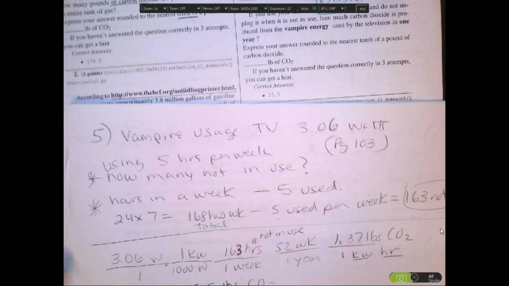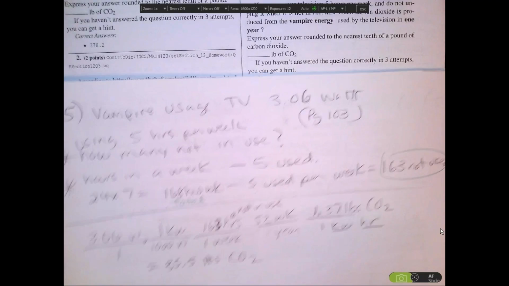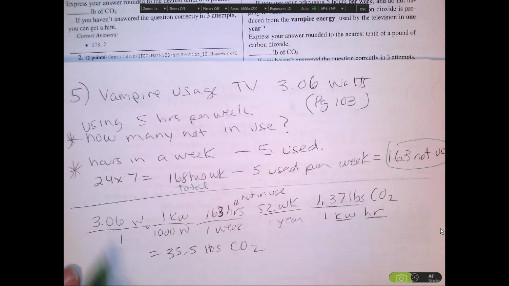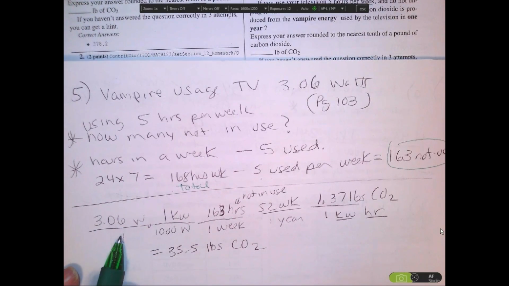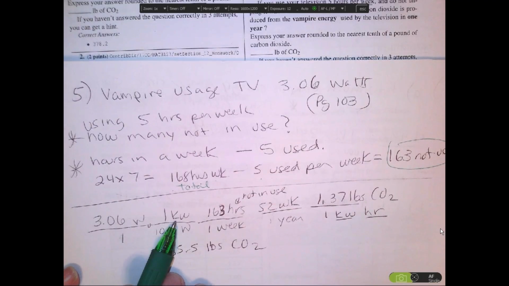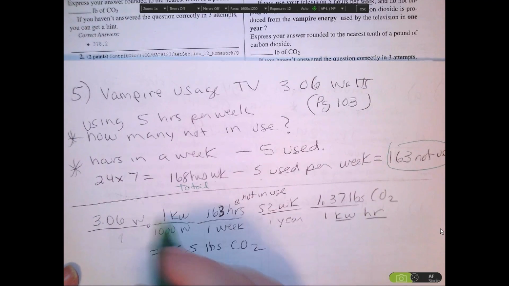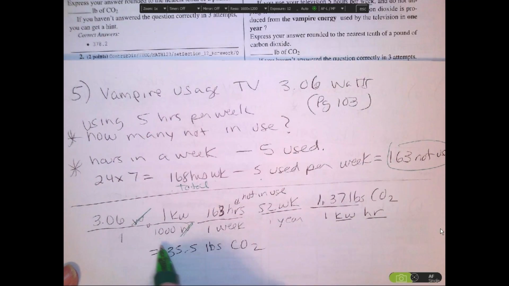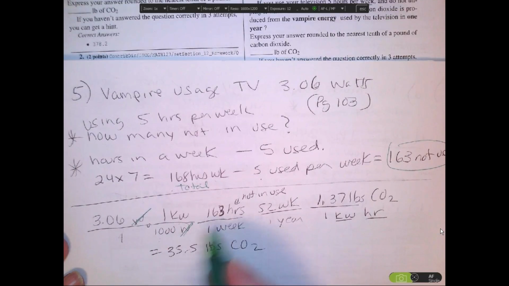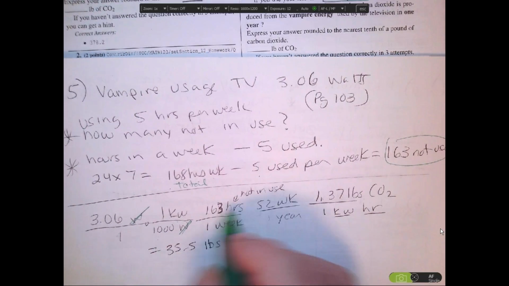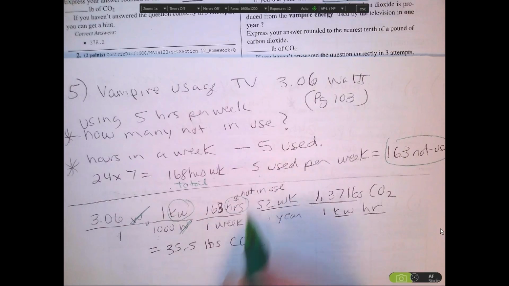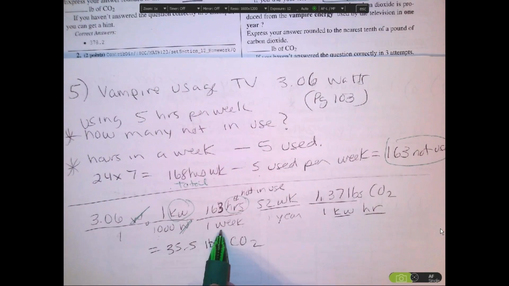So we have the 3.06 watts over 1. We need to get to kilowatt hours, so we need to cancel watts. Let's divide by 1,000, go to kilowatts. We just determined, now we need our hours. We're using it for 163 hours a week.